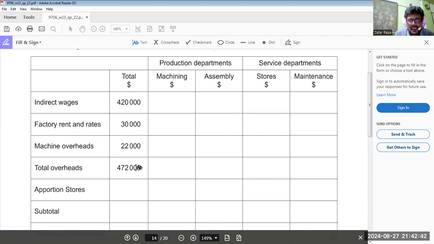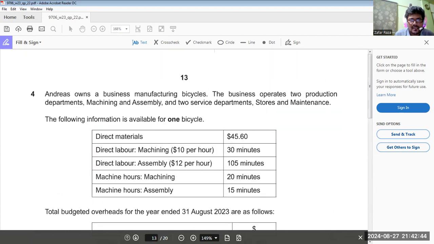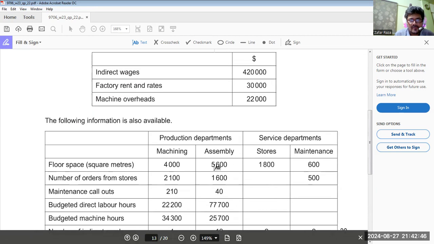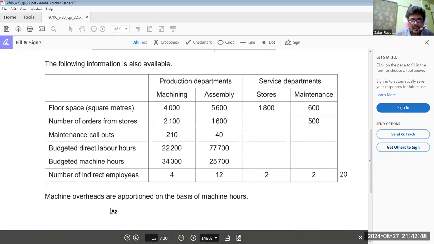See, indirect wages is $420,000. Okay. So what we do, we are calculating for machining department.